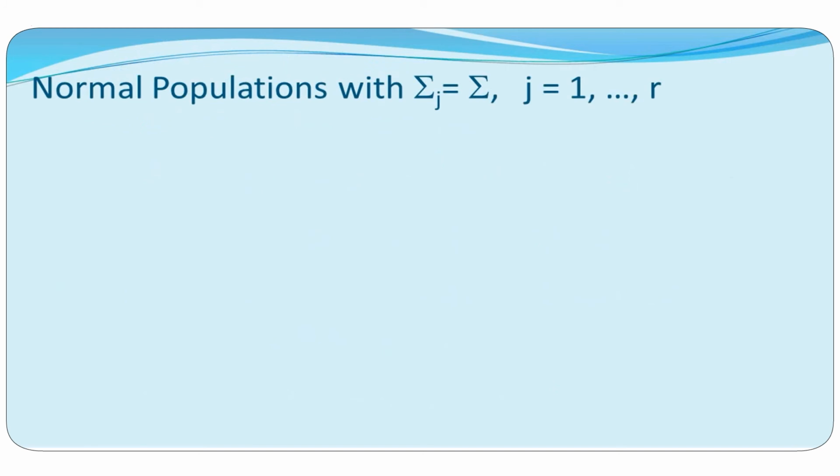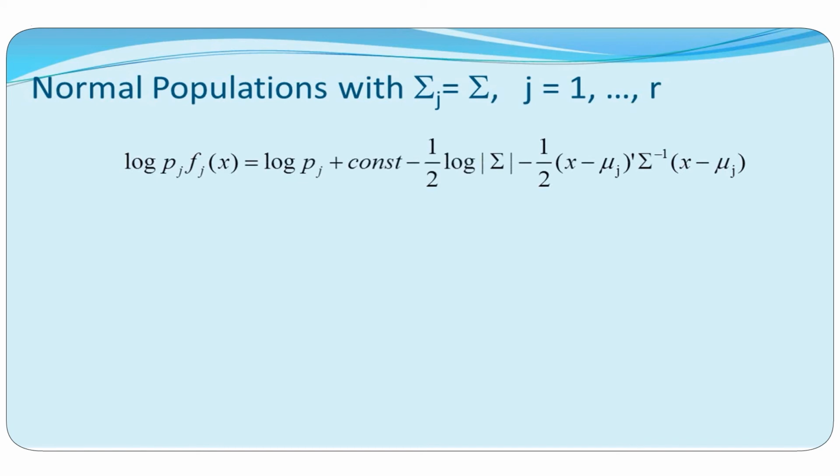Now let us take a very special case of normal populations when the variances are all the same, that is sigma_j is equal to sigma for all j equal to 1 to r. If you look at log of p_j f_j(x) now, you will see that this simplifies further because the sigmas are the same.